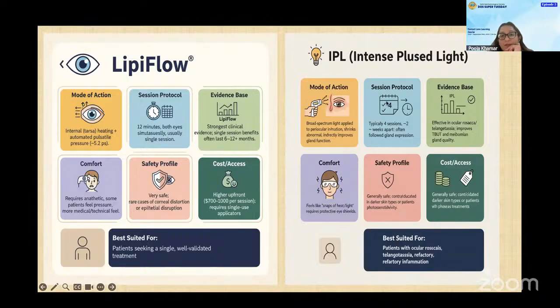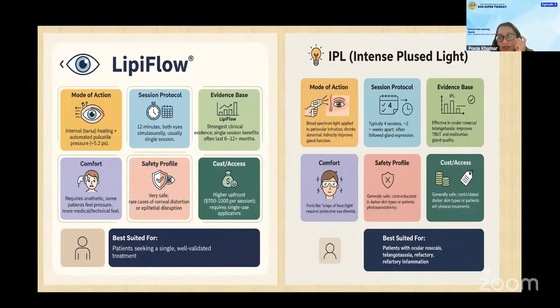The IPL therapy is also a very good therapy because it's a broad spectrum light applied to periocular inflammation. Typically 4 sessions are required, 2 weeks apart. It works better when the patient has ocular rosacea or telangiectasia, or it improves the TBUT and meibomian gland quality.